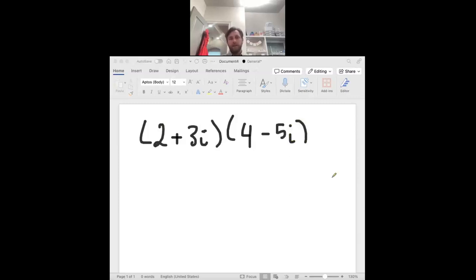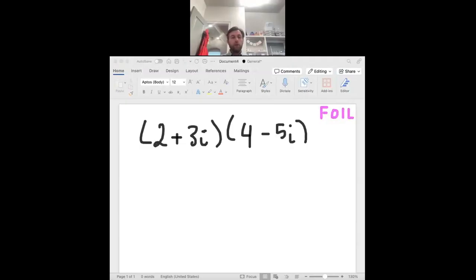Suppose that's something like that. How would we do this? What's it telling you? What's the inclination? FOIL? Well, exactly right. So first, outer, inner, last. Good. So let's do some FOIL.